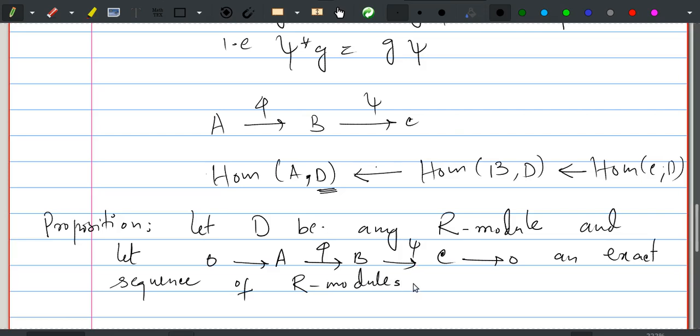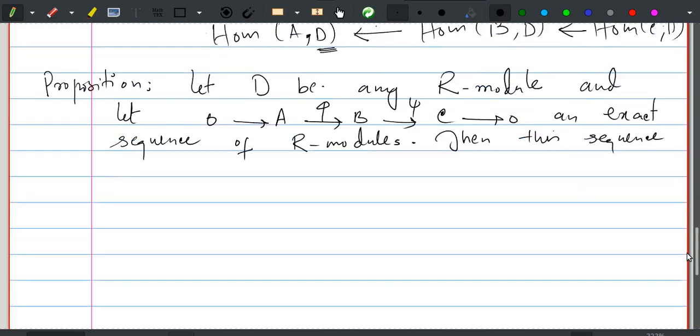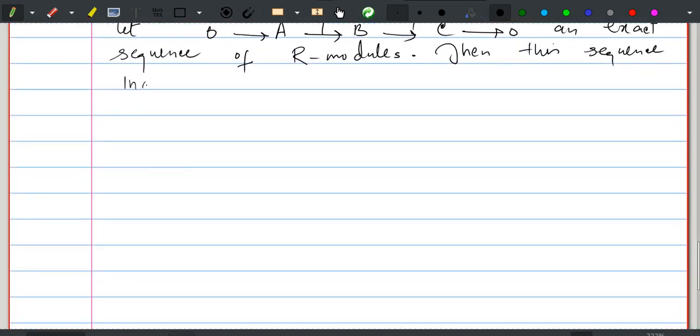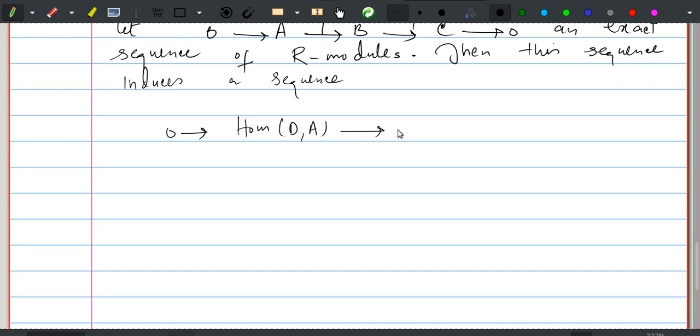then this sequence induces a sequence: zero goes into Hom DA, this goes to Hom DB and Hom DC.